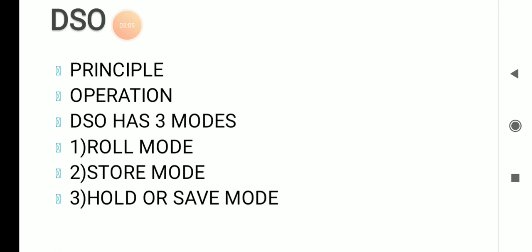Additional circuit is required to digitize the signal and store it into the memory. The stored signal can be displayed by using a conventional oscilloscope tube. Okay, so this is the operating principle of DSO, digital storage oscilloscope.